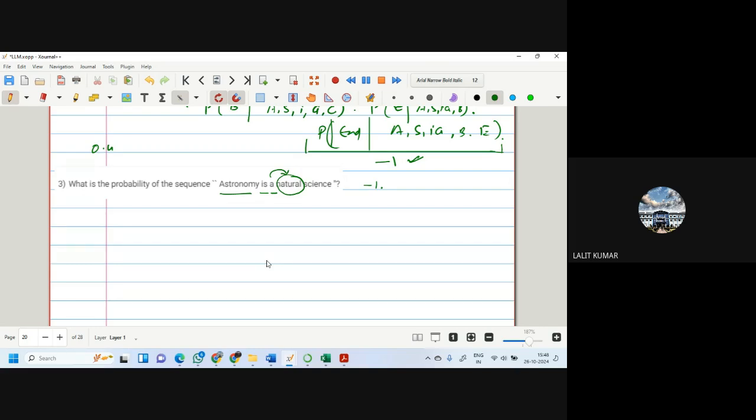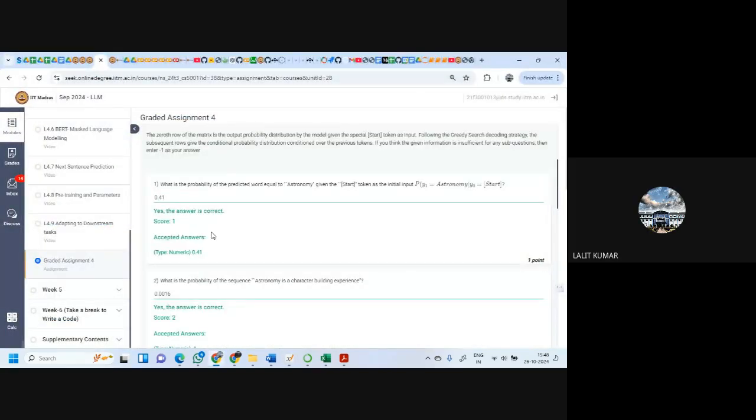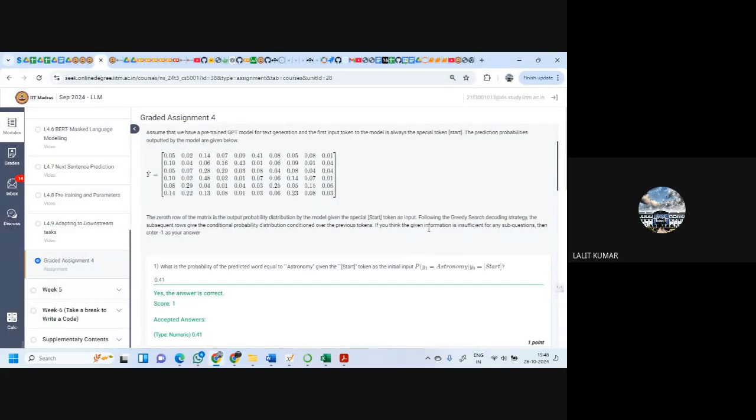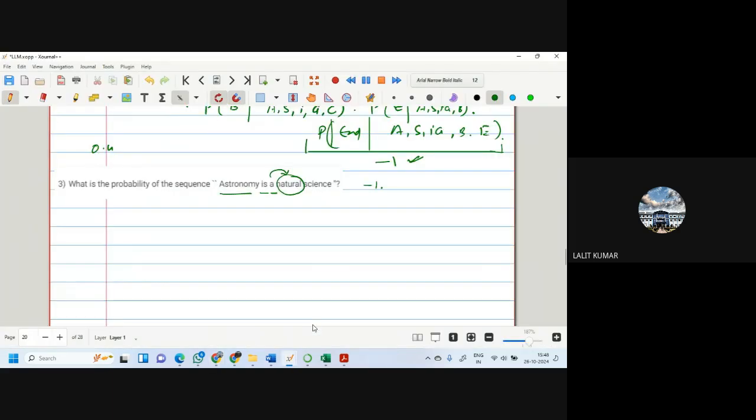So you said -1 because they have mentioned here: if you think the given information is insufficient for any sub-questions, then enter -1 as your answer. But what do we lack here? Okay, you are right, if the greedy is there, then the answer should have been zero. But I don't know where this natural is. So for greedy, I agree with you, it is zero.